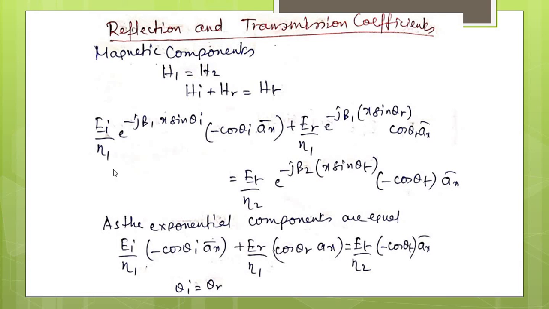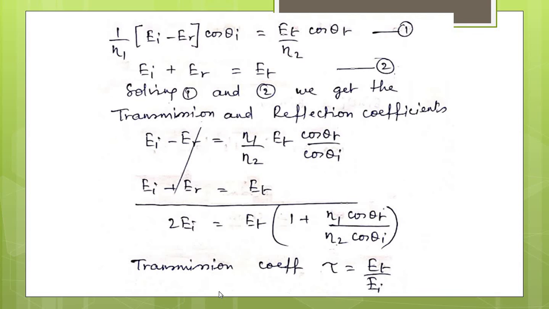So we have Ei by eta 1 into minus cos theta I Ax plus Er by eta 1 into cos theta R Ax is equal to Et by eta 2 into minus cos theta T into Ax. We can use the substitution here. Angle of incidence and angle of reflection are the same, so in place of theta R we can substitute theta I. So we get 1 by eta 1 Ei minus Er into cos theta I is equal to Et by eta 2 into cos theta T. The other equation is Ei plus Er is equal to Et.